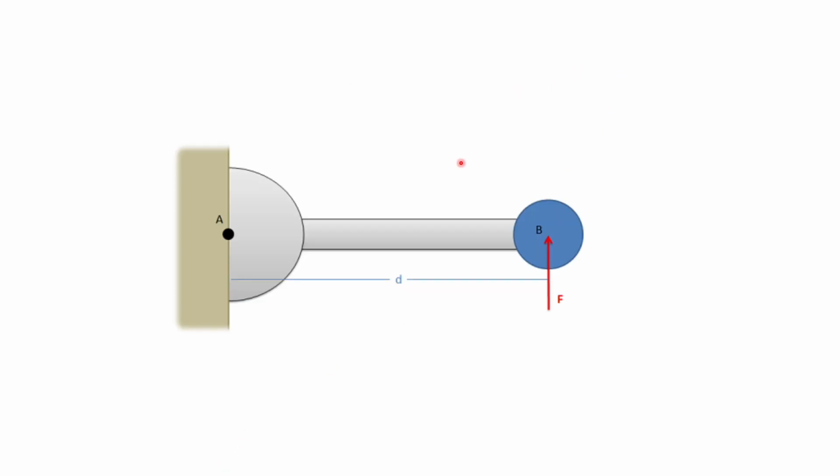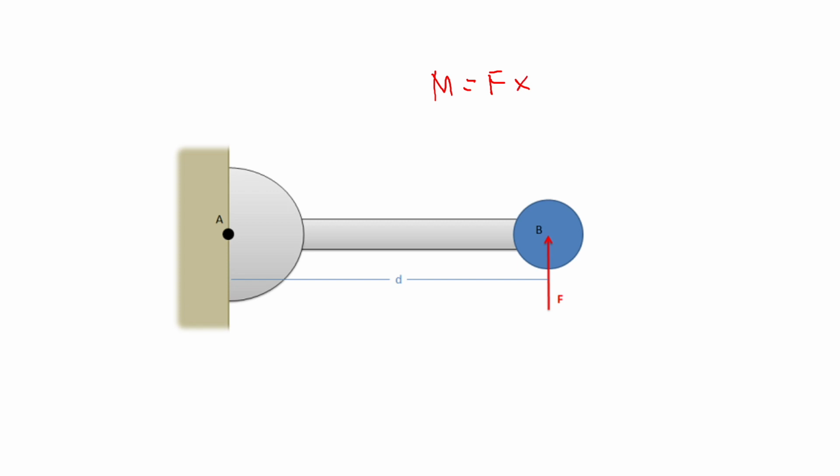Now in discussing how to calculate the moment of force about a point via scalar quantities, we will begin with the example of a force on a simple lever as shown here. In this simple lever, there is a force at the end of the lever which is a distance d away from the center. So this is the center, which is labeled A, and we apply the force d distance away from A, here on B. Then when using scalar quantities, the magnitude of the moment will be M equal to the perpendicular distance times the force.